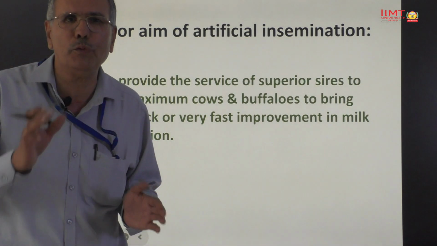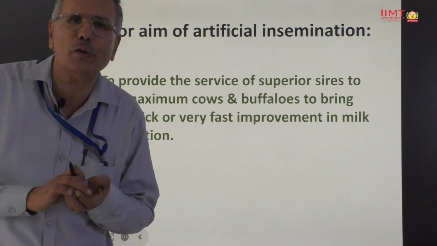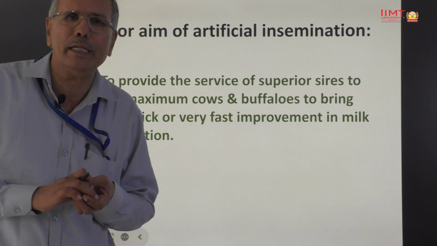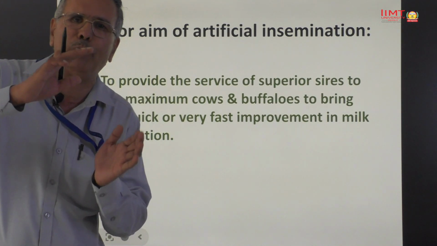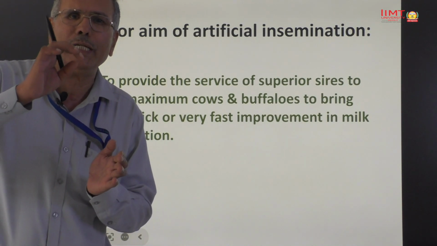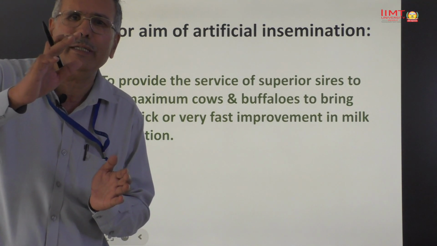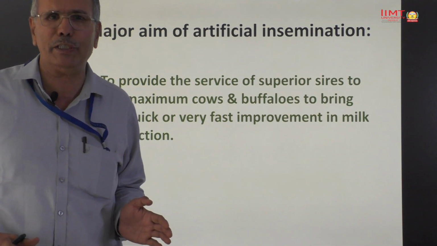In simple words, you can say the service of a superior bull can be increased, or the maximum number of buffaloes and cows can be inseminated by a single bull through artificial insemination.